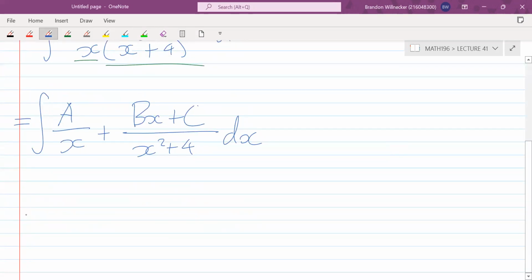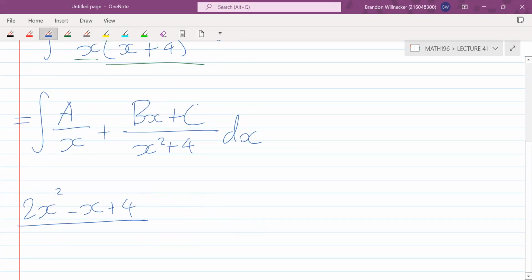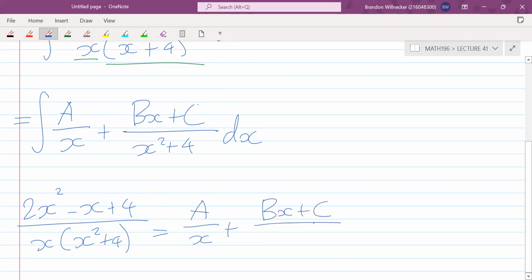Okay, so we need to find A, B, and C now. So originally, we had 2x squared minus x plus 4 all over x times x squared plus 4, and that's equal to A over x plus Bx plus C over x squared plus 4.